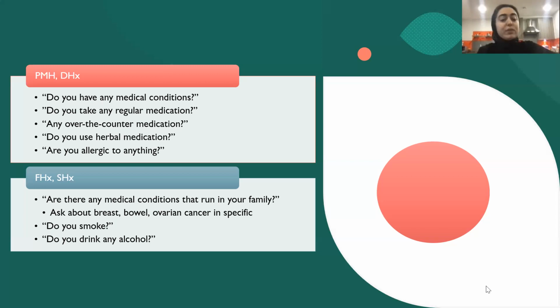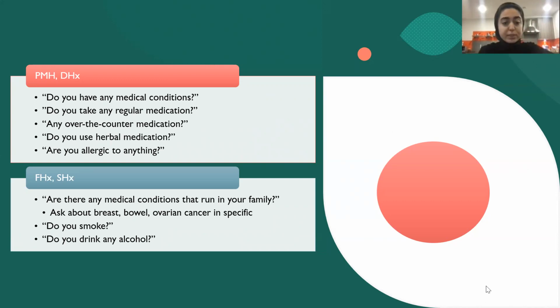Next, you move on to family history. Again, here specifically, I'm looking to see if my patient has a first-degree relative, like their mother or sister, who's had breast cancer. If yes, try to find out if the person who had breast cancer was postmenopausal or premenopausal.